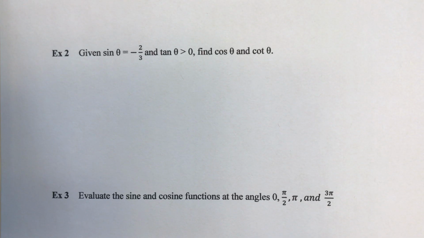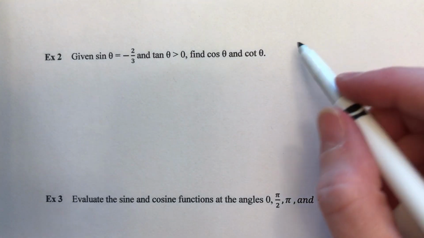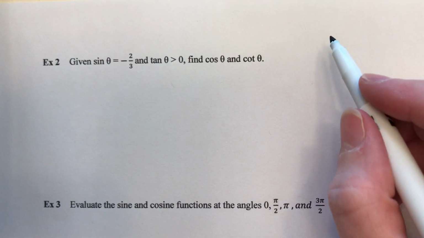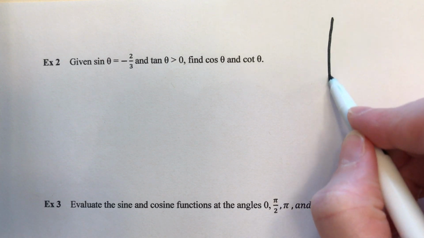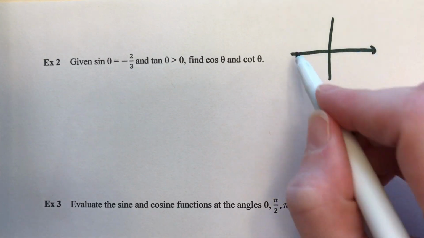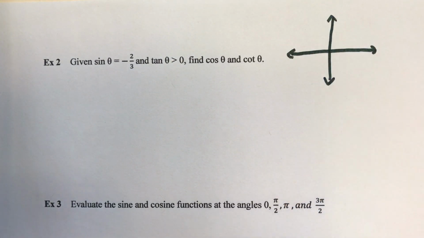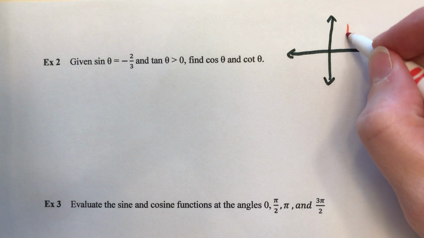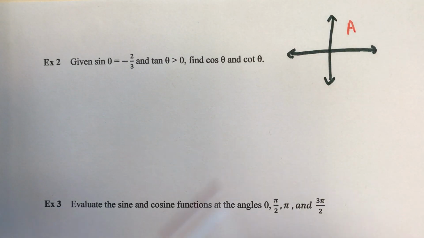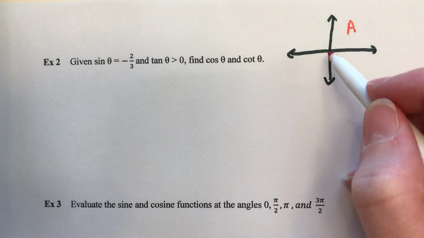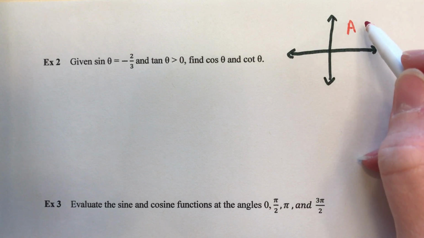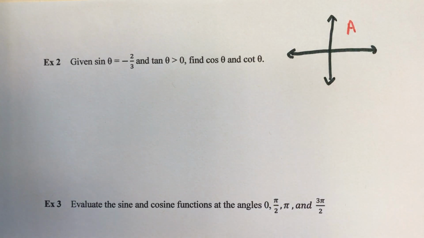So one thing we want to think about is where certain trig functions are positive. I'm going to make a coordinate plane over here in the corner, and I'm going to draw some labels. In the first quadrant, all of the trig functions are positive because any point in the first quadrant, you go over and up, so any answer would be positive.